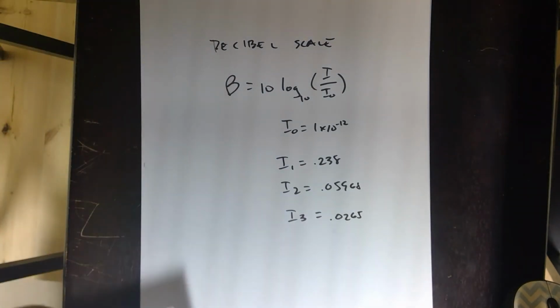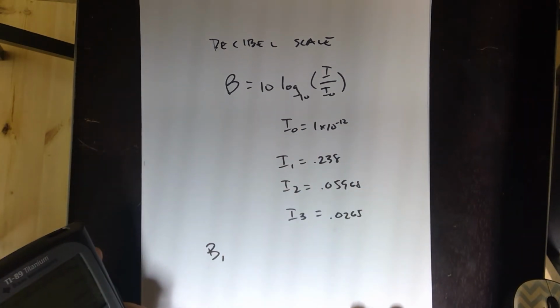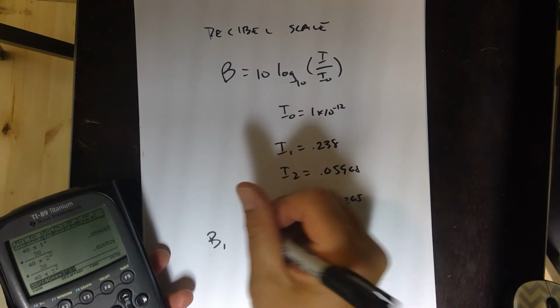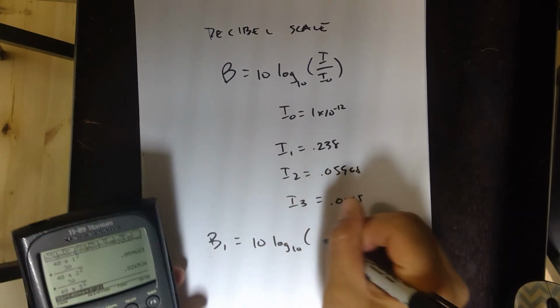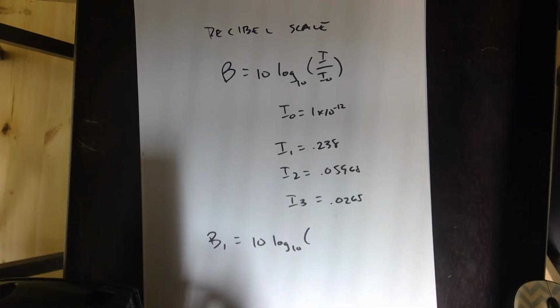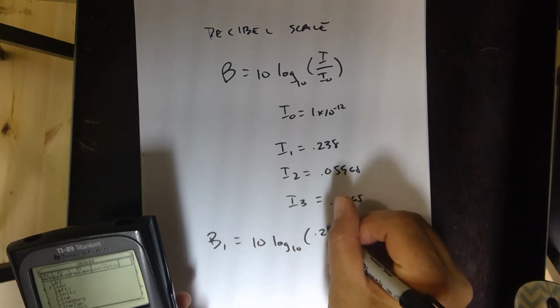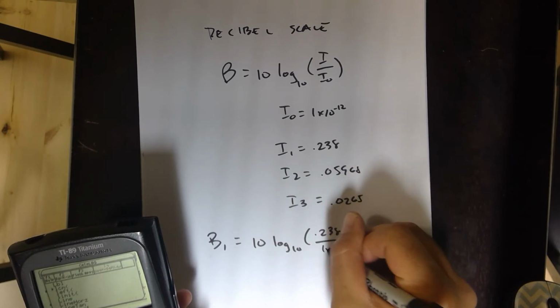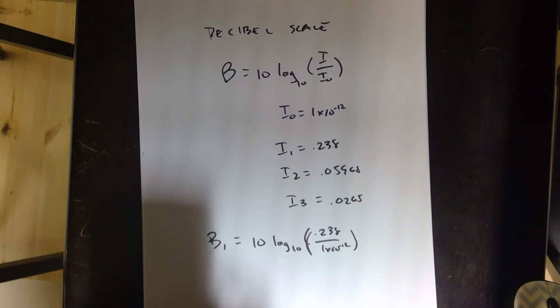Anyone that's ever been really close to a very large stereo speaker knows they don't want to be near it all that long. So if I do the beta value for person 1, the decibels that they're going to hear, it's going to be 10 times log base 10. And we're going to do an I of 0.238, and then this is 1 times 10 to the negative 12 in here. So all that's in parentheses.